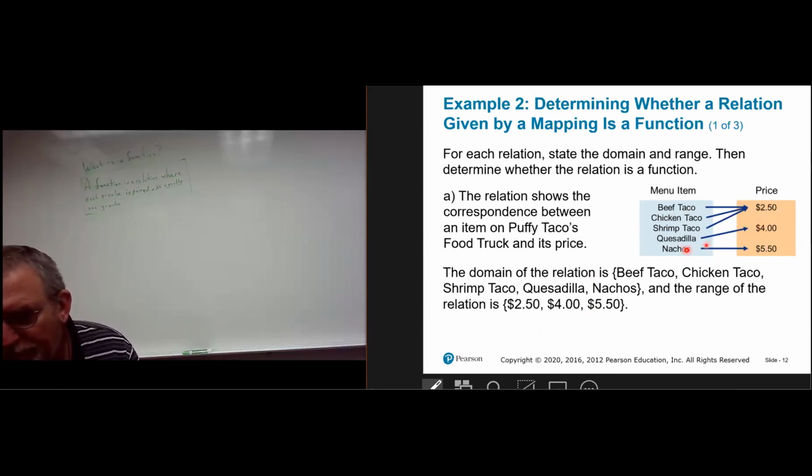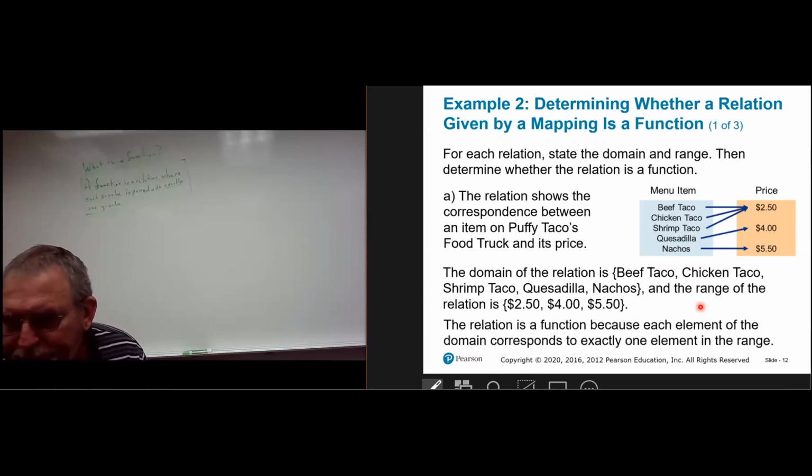I've noticed that menus run one of 2 ways. It's either a direct mapping like this is, where they have the price of the items, so they group them by the price, or it's more like an ordered pair, like they're showing the ordered pairs, but in a table, where the beef taco has its own price, the chicken taco has its own price, and the shrimp taco has its own price listed, even though they're all the same.